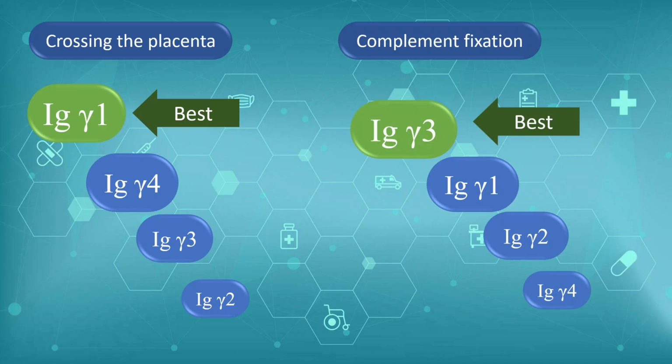G4 is weak in complement fixation. And when it comes to crossing the placenta, G1 is most efficient, then G4, then G3, then G2. So different immunoglobulins have different effectiveness in different immune responses. For passive immunity, G1 will be the best one.